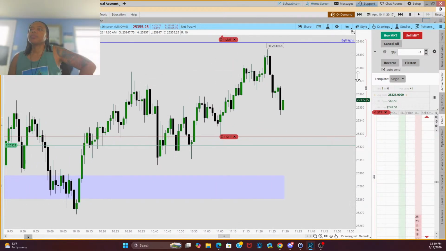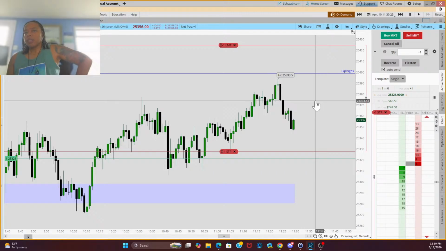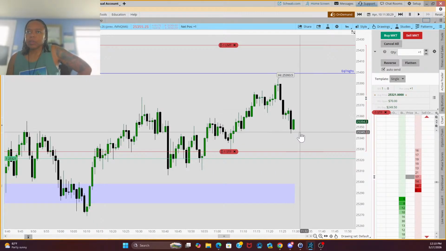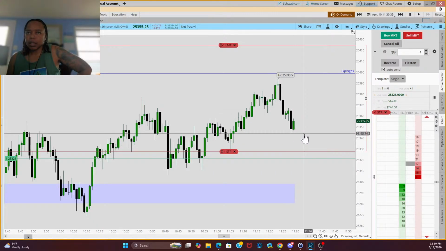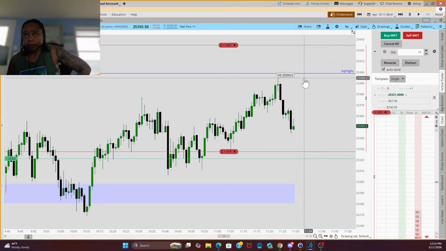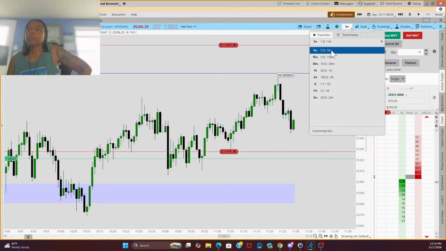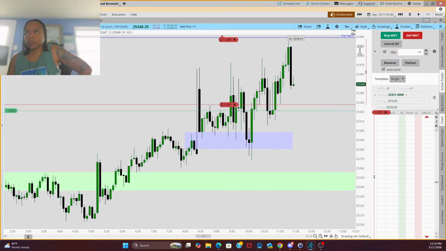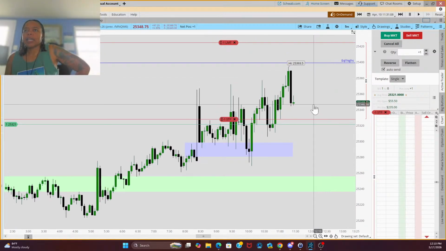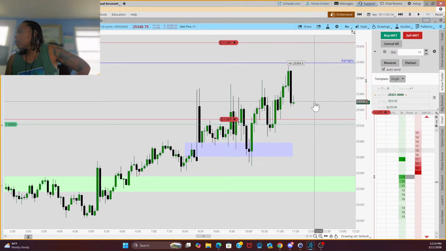There we go. All right. So we can use this low, lock in a little bit more once we push back up. The 5 minute candle's not looking super juicy.